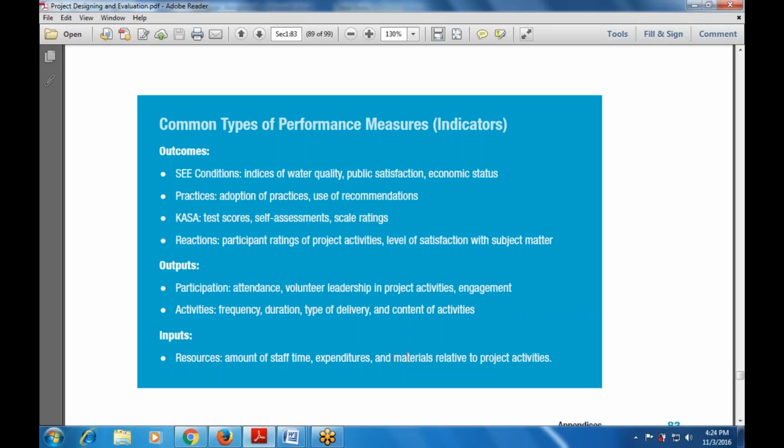So first are the outcomes, that include SEE conditions, practices, CASA, then reactions; output, that is participation or activities; then inputs, resources, amount of staff time, expenditure, and the material relative to the project activities. Everything is the same: outcomes, output, and the input.